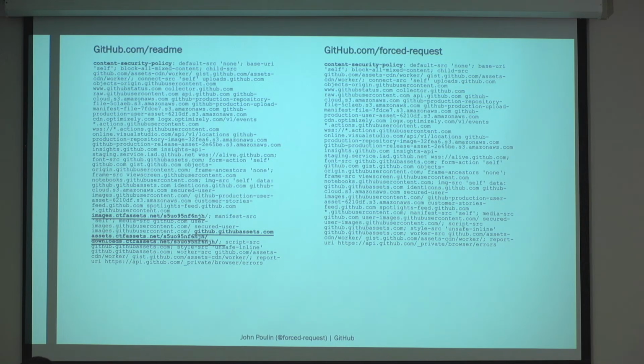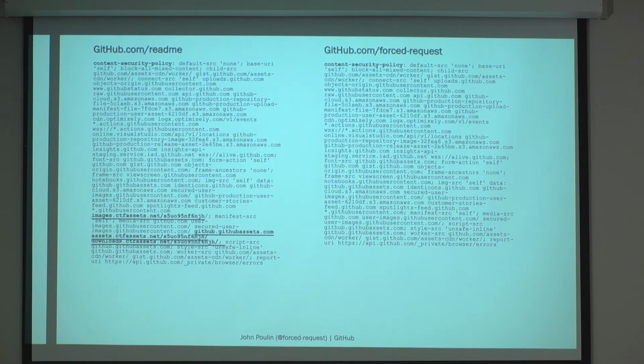But if you go to github.com/readme, you see a content security policy which differs from my profile on github.com. And the README project is an area where we allow users to provide videos to talk about their projects and stuff.